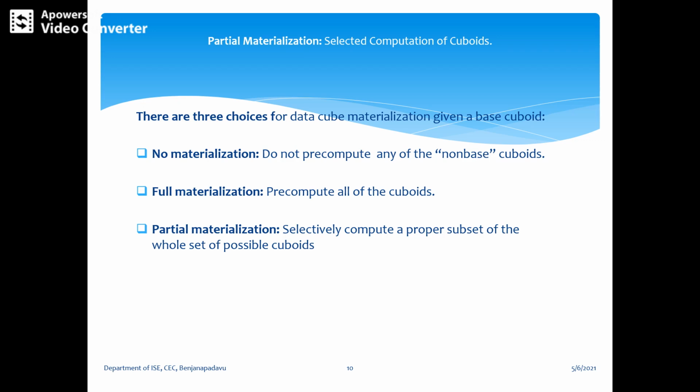Another thing we need to talk about is the partial materialization of cuboids or subcubes, and we should consider that factor. First, identify the subset of cuboids or subcubes to materialize. Second, exploit the materialized cuboids or subcubes during query processing, and efficiently update the materialized cuboids or subcubes during the load and refresh of the data.